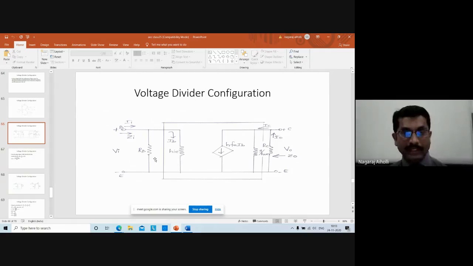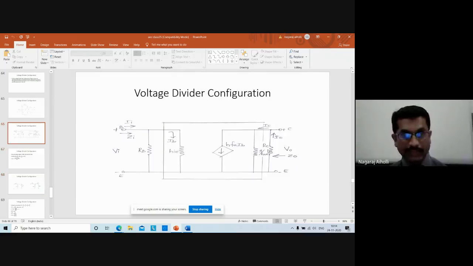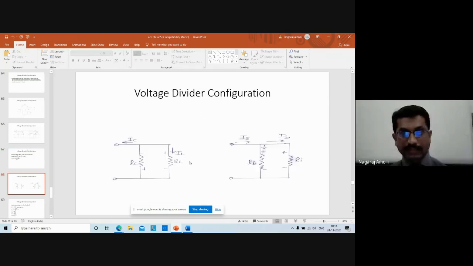HIE is taken as the input resistance RI, as we are taking R naught as the output resistance. The input resistance RI is between the base and emitter terminals, and capital RI is HIE. Here we are considering RI in parallel with RB.